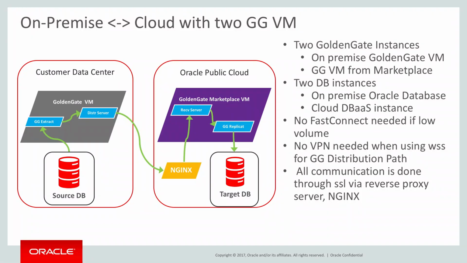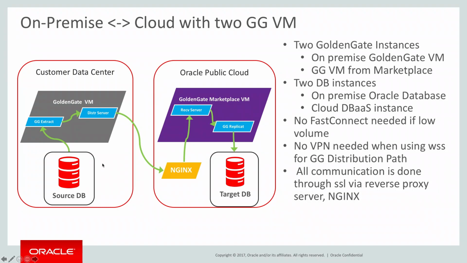And in my demo, I will only show you how to create this from the distribution server all the way to the receiver server. I'm going to skip the extract and the replicat creation because these are completely covered in another demo.